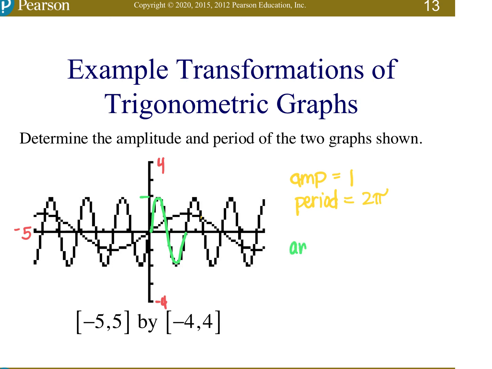All right, and what about the period? Where does it appear approximately to be crossing? Well, it's not 1, and it's not 2. Okay, 1 would be here. 2 would be there.